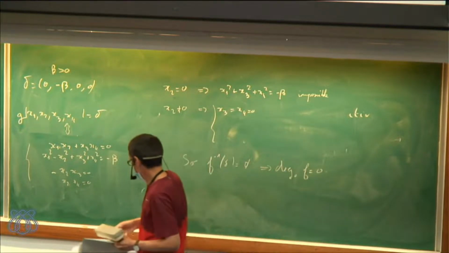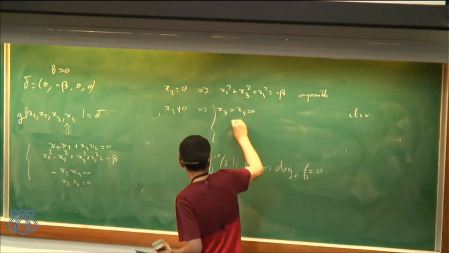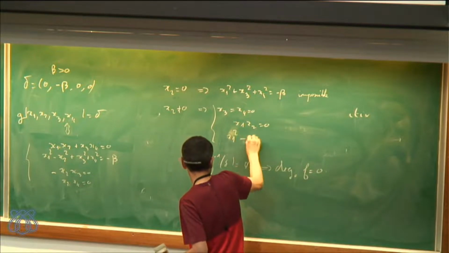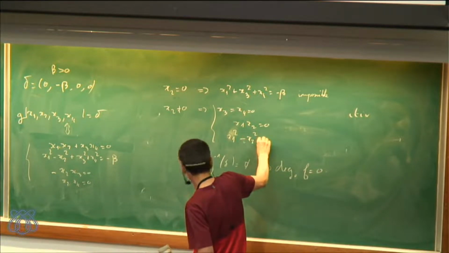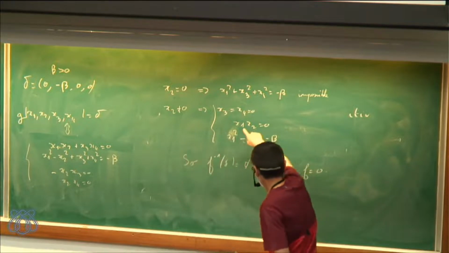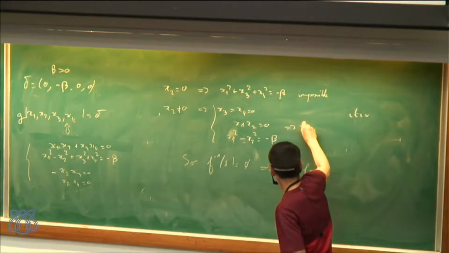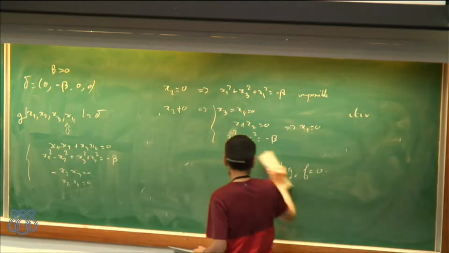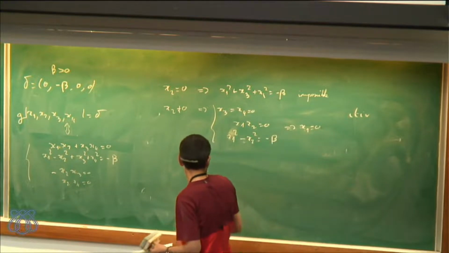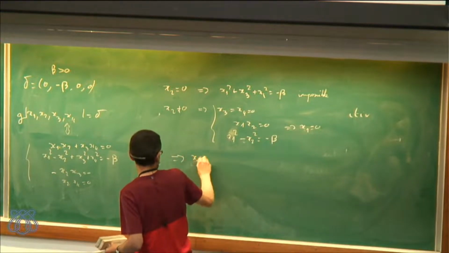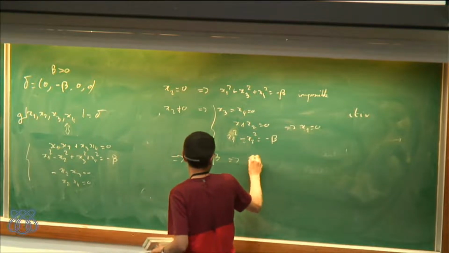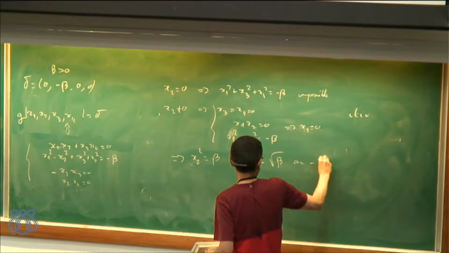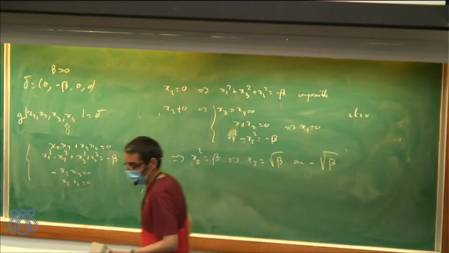Yes, so this is 0, x1, x2, 0, and x1 squared minus x2 squared equals minus beta. So this implies that x1 is 0. And so I end up with x2 squared equal beta. So x2 is the square root of beta or minus the square root.